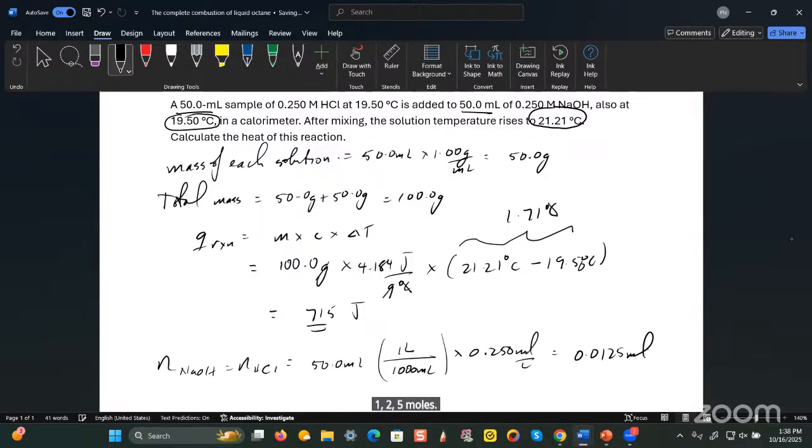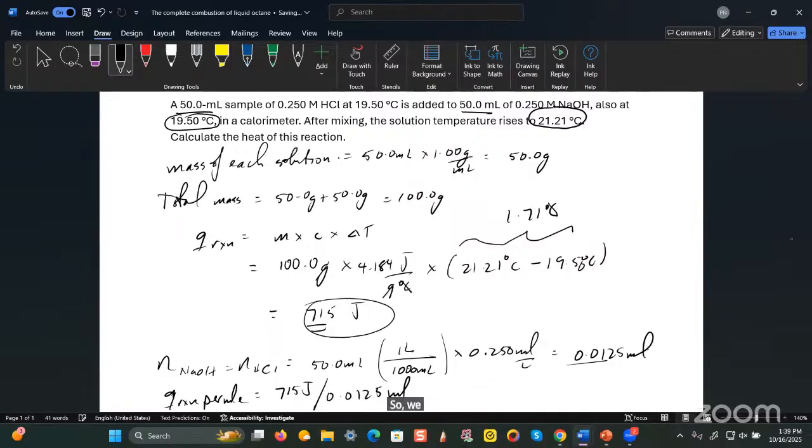And then, to get what the question is asking for, on a per molar basis, we take the Q here, which is 715 joules, and divide it by the 0.0125 moles. So Q reaction per mole is what the question is asking for at this stage.